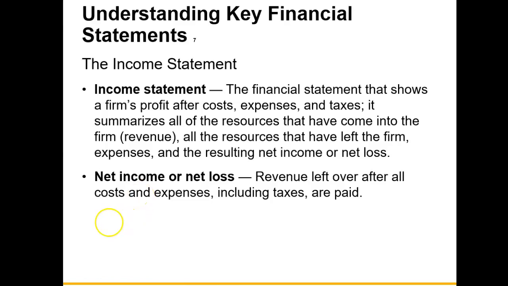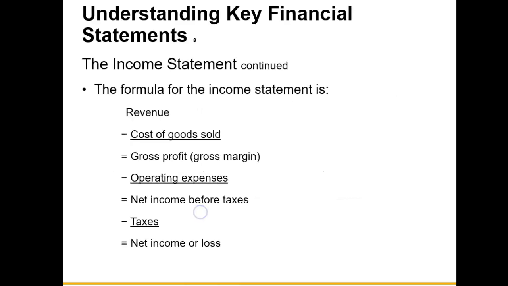But if your costs and expenses are more than the revenue earned, that means you had a loss for that time period, which is known as a net loss. If a company has a net loss too often, we call that bankruptcy. Yep, because if you keep losing money, then you're not going to be in business very long.